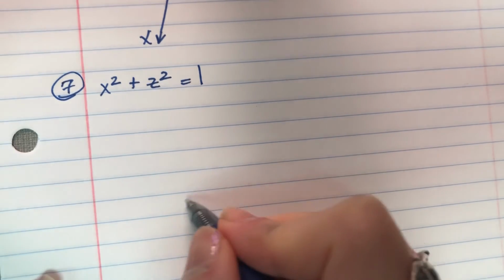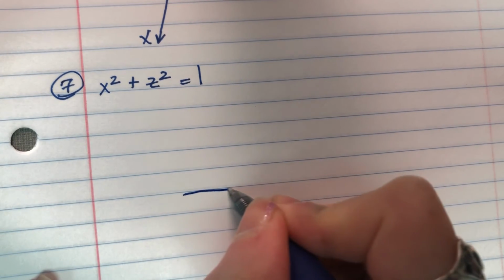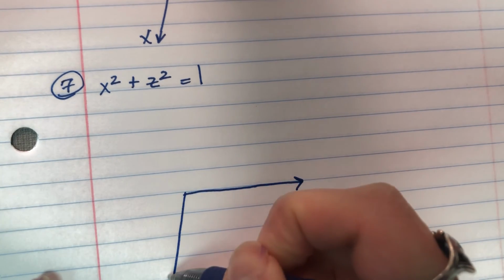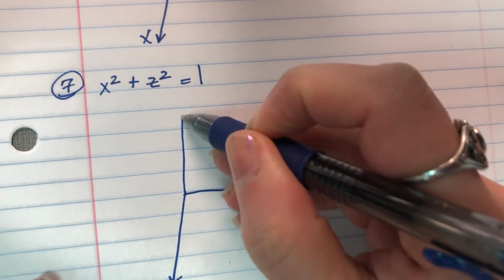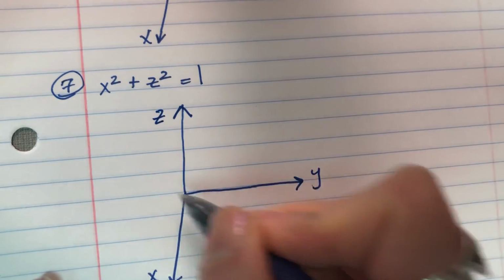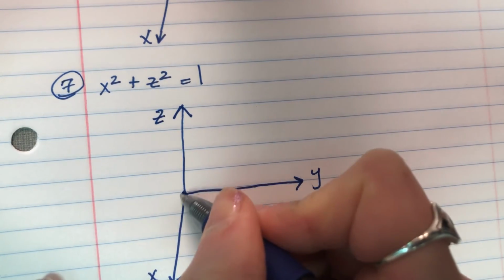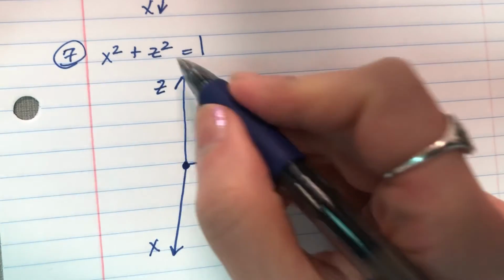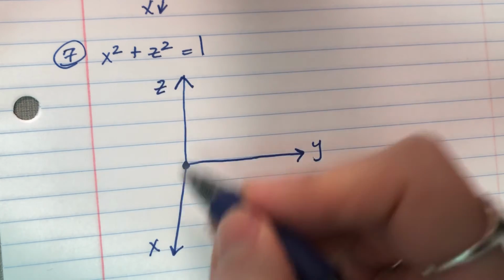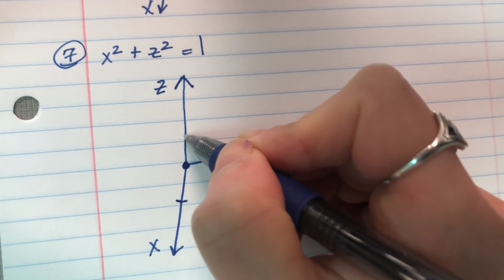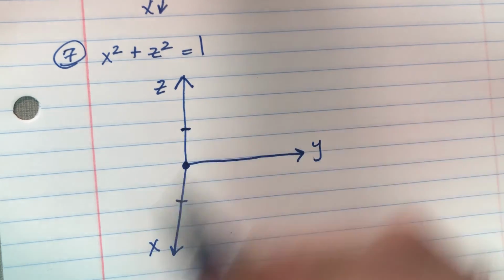So I'm going to draw the three-dimensional coordinate plane. It's not really a plane anymore, is it? It's like space. Okay, so here's y, here's x, and here's z. My center is at the origin. My radius is 1 along the x-axis, so let's say this is 1 unit, and 1 along the z-axis, so right here.